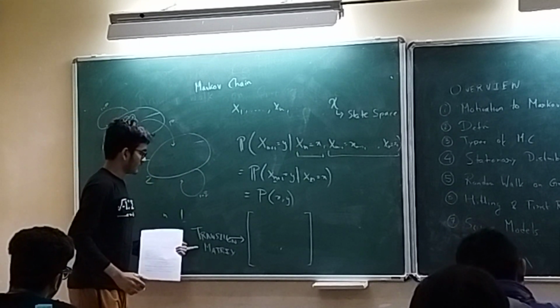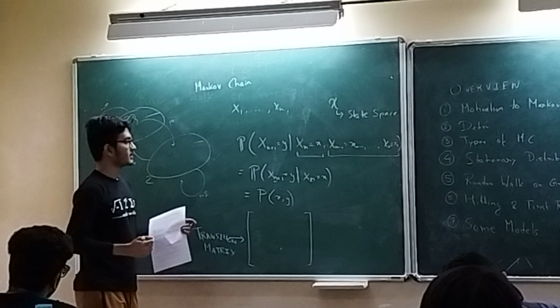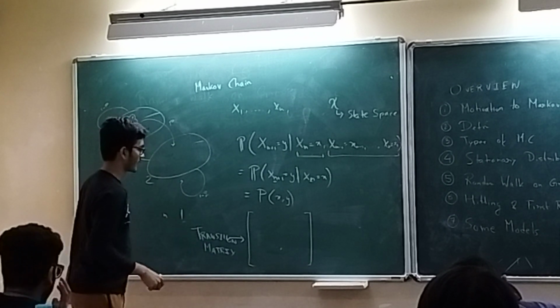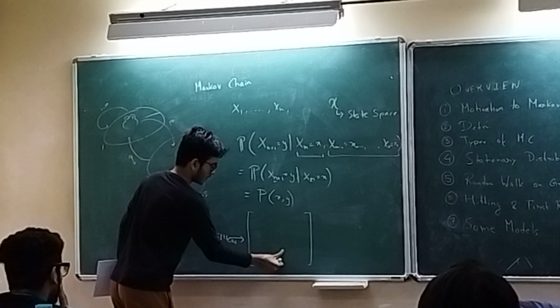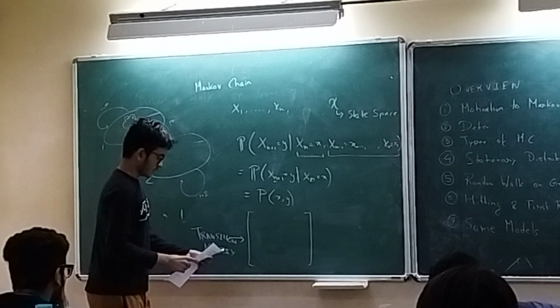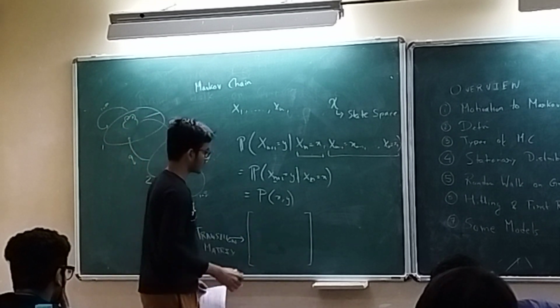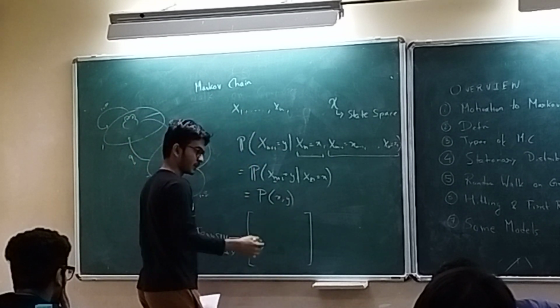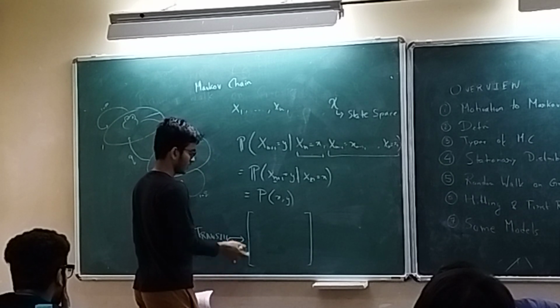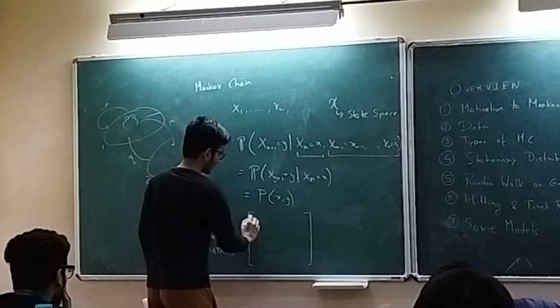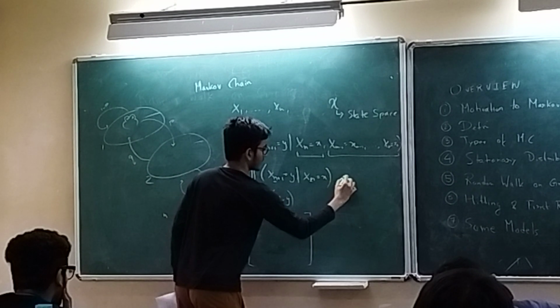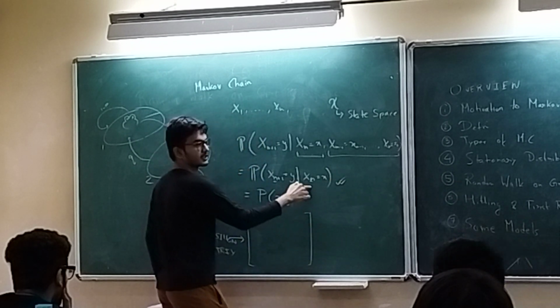And this thing actually determines the Markov chain to some extent. Yeah, so now let us discuss one typical property of this Markov chain, the transition matrix. So this thing is a probability distribution, right?